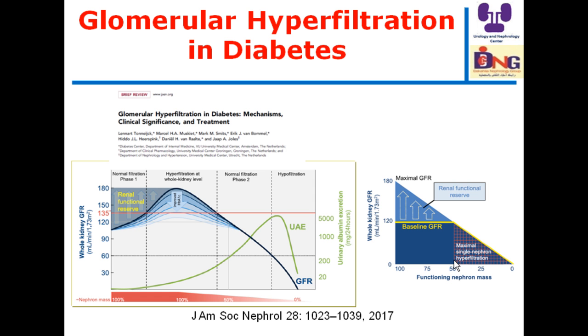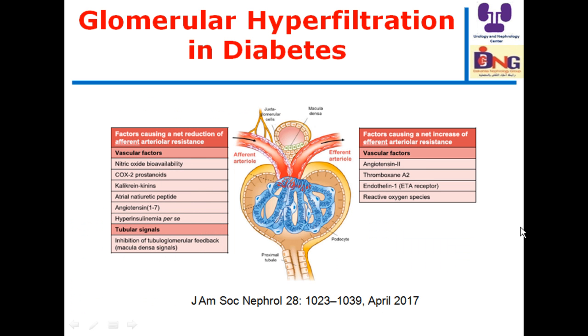But the GFR is 120 ml/min while 50% of the functional nephron mass is lost. So if we know well how to tackle the issue of hyperfiltration, it gives us the opportunity to protect the kidney.